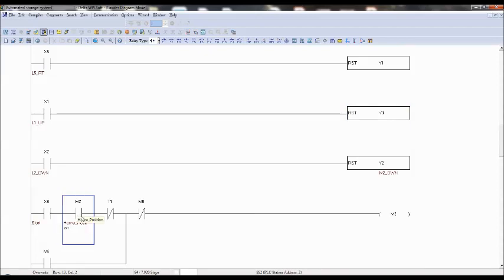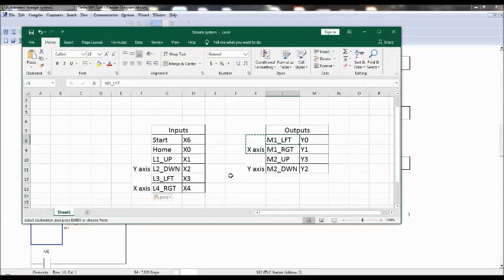If the home position is there plus the start button is operated, then the signal goes to M3. M3 is again a dummy variable. Whichever variables I have not mentioned are internal memory bits, also called dummy variables, which have no significance in the physical world. They are only inside the PLC to process the data.